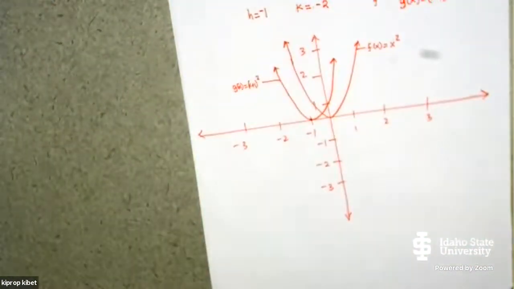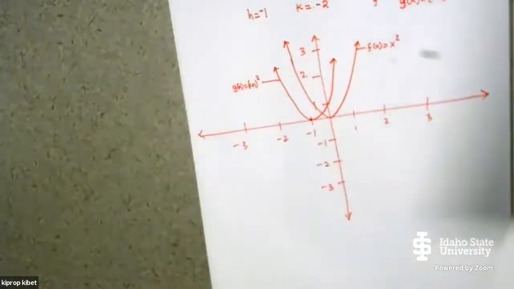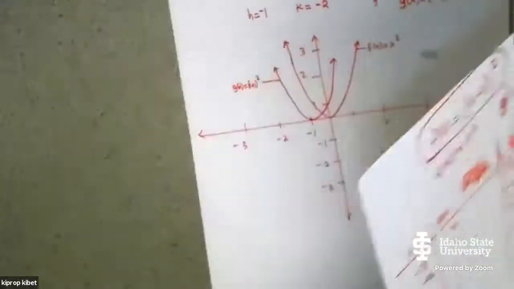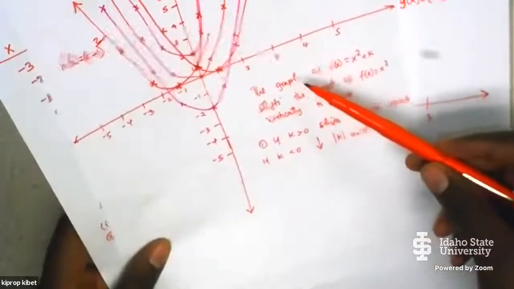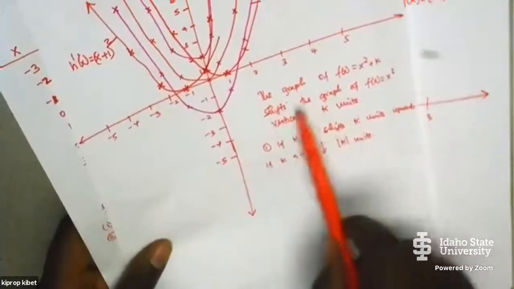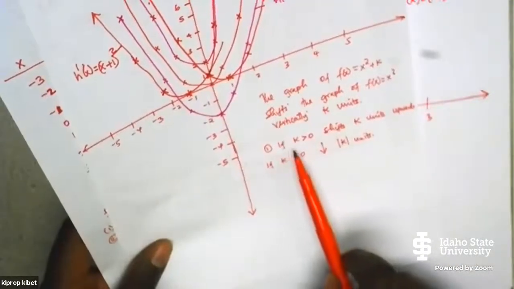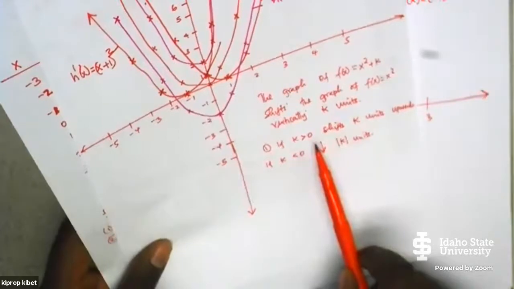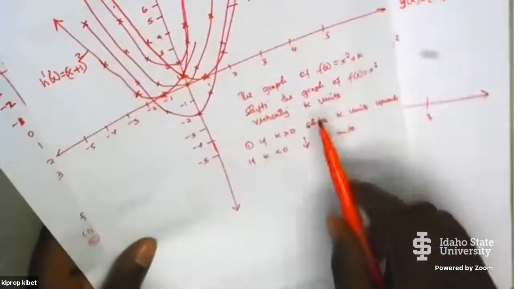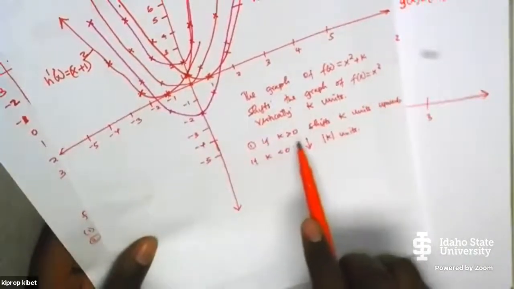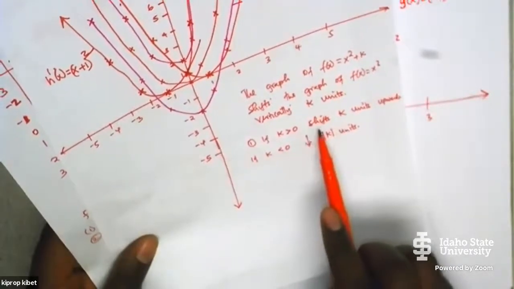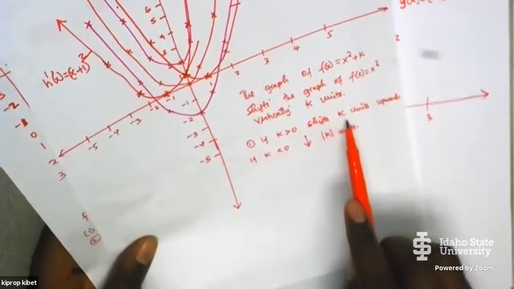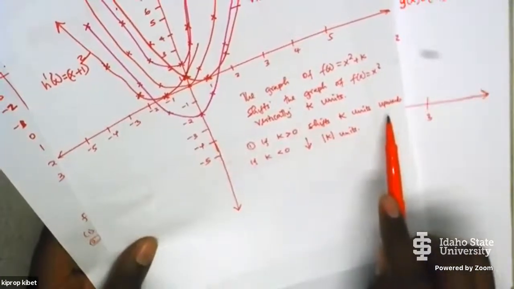And then using this, if our k is greater than 0, then it shifts k units upwards, right?